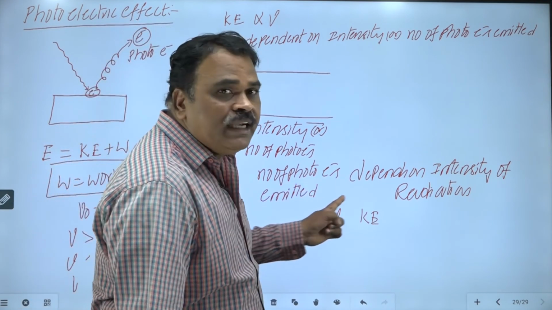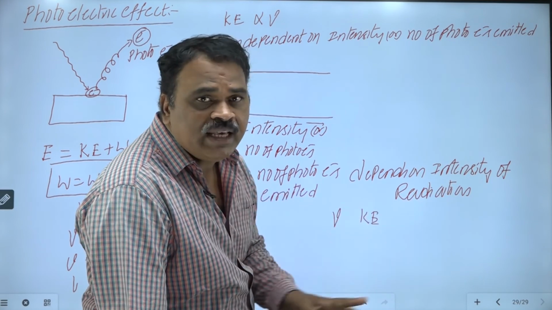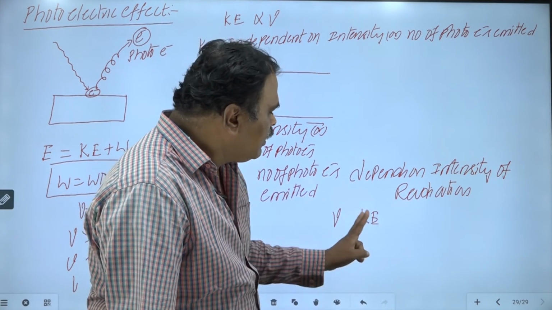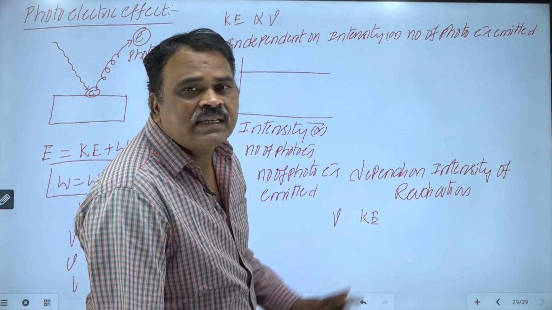Number of photoelectrons emitted depends upon the intensity of radiation but is independent of frequency of radiation as well as kinetic energy of radiation.